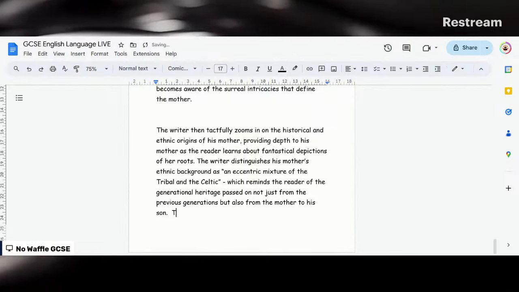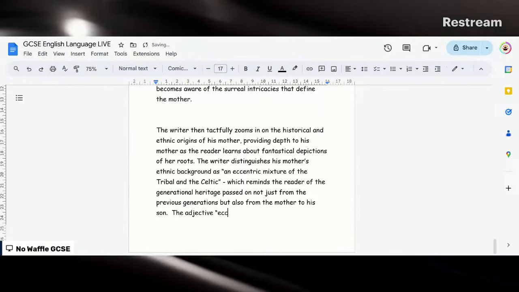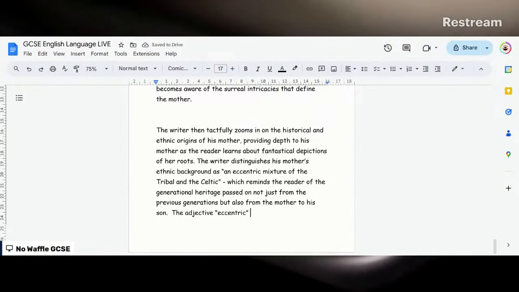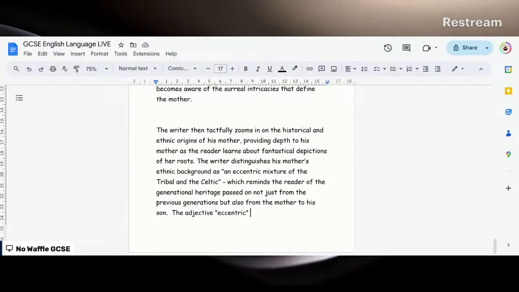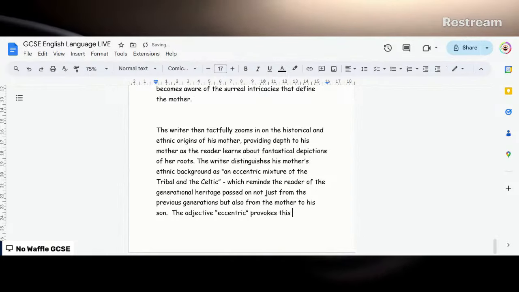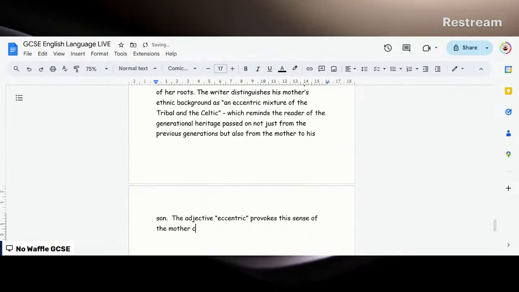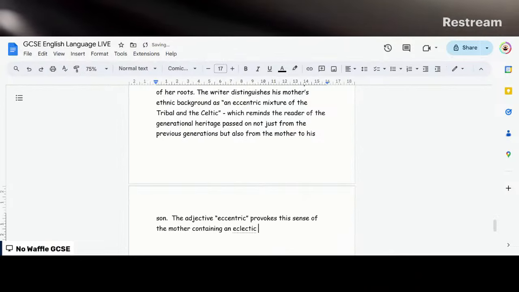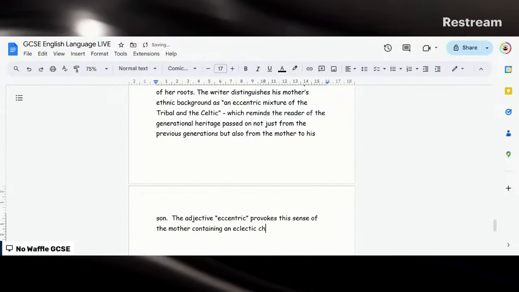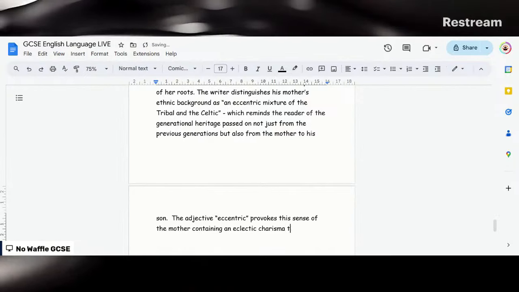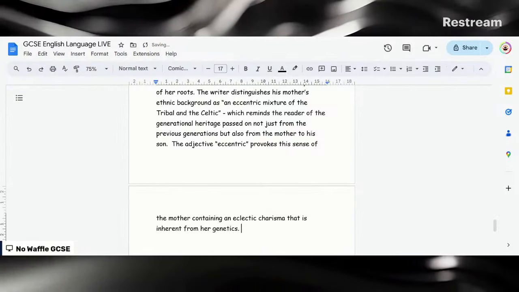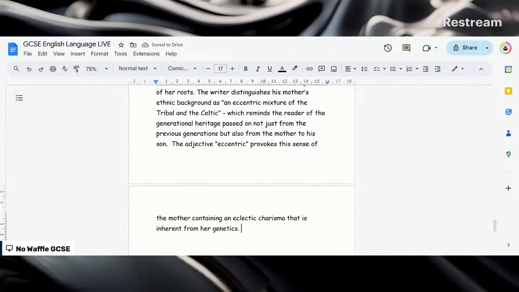Now I can say, zooming in now, the adjective eccentric provokes this sense of the mother containing an eclectic personality, an eclectic charisma that is inherent from her genetics, which is an interesting trait to have, and we don't really see that when we've got character descriptions.